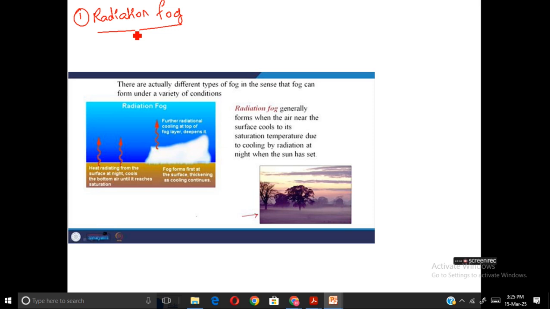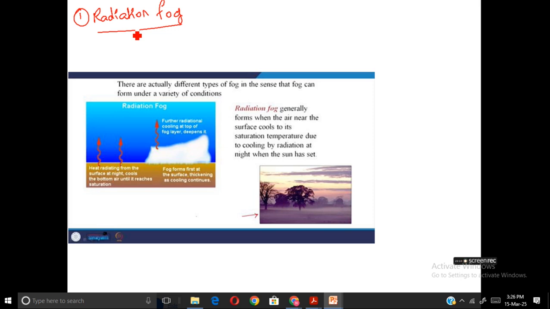The source of energy to the atmosphere is basically the outgoing long wave radiation, which means the earth gets heated up due to the incoming shortwave solar radiation, and then after attaining a particular temperature it starts re-emitting the energy in the form of long wave radiation. So the atmosphere is warmed up due to this outgoing long wave radiation.